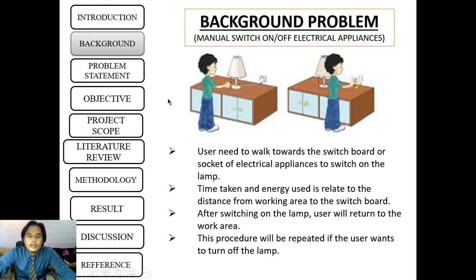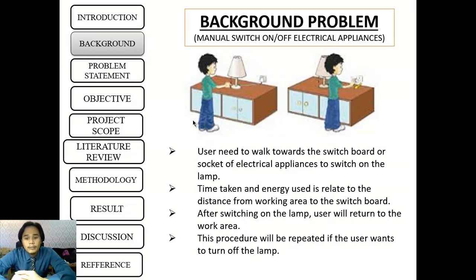The next one is the background of the problem. As you know, the user needs to walk toward the switchboard or the socket of the electrical appliance to switch on the lamp. So the time taken and energy used depend on the distance from the working area to the switchboard. After switching on the lamp, the user will return to the work area.